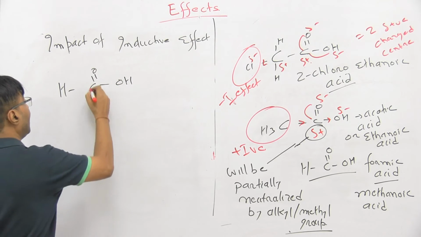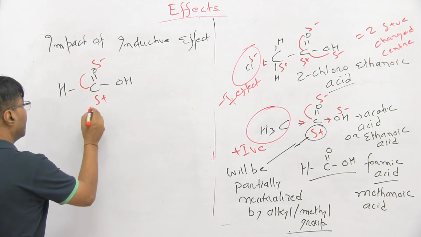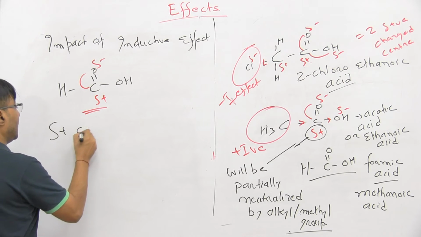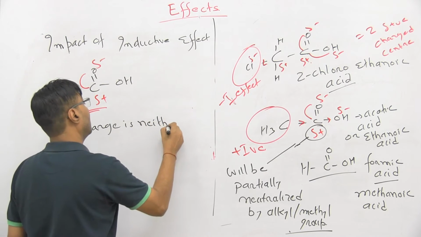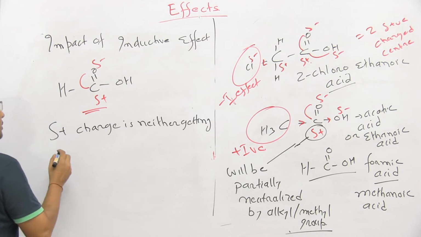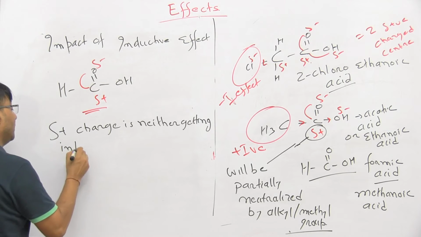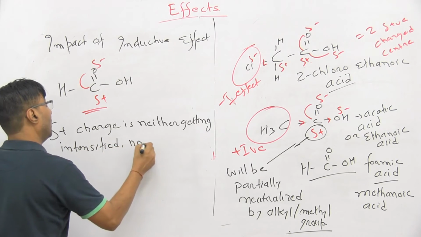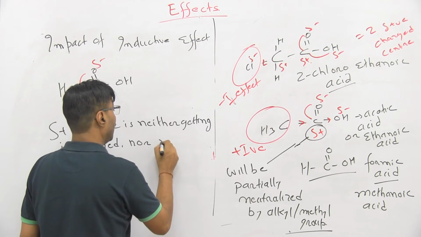So this center will have delta negative, this will have delta positive, but in this case the delta positive charge is neither getting intensified nor neutralized.